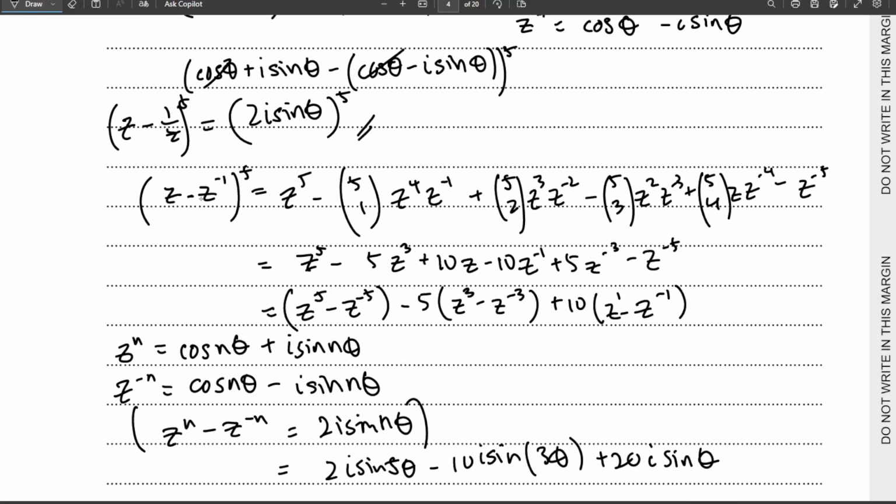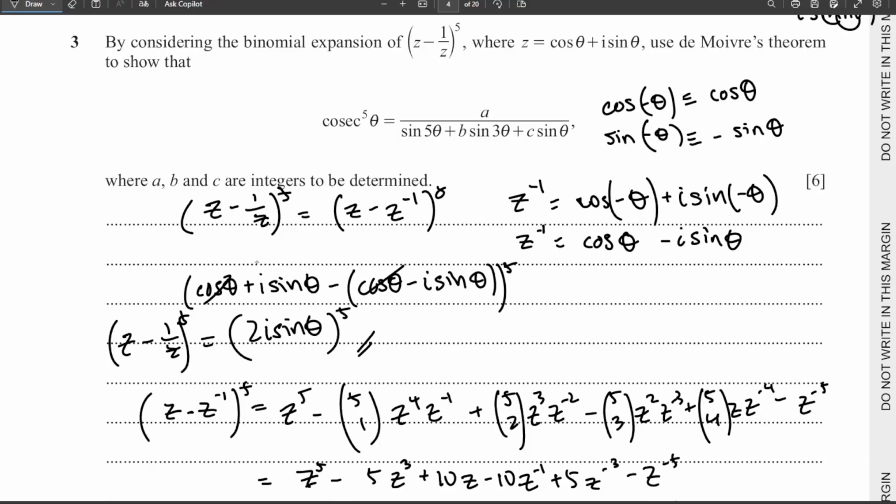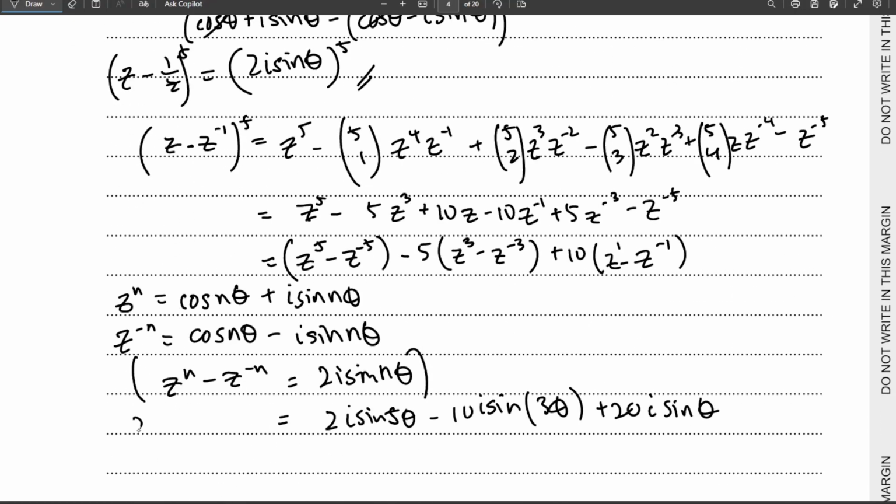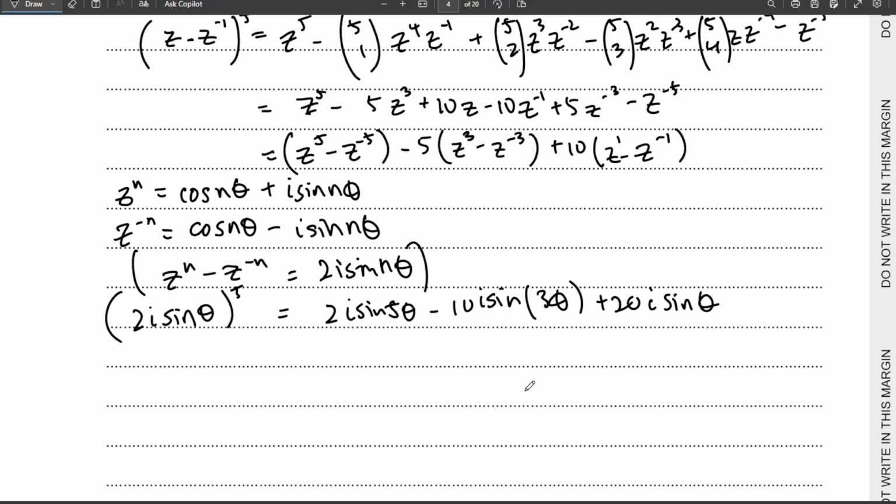On our right-hand side, we also have 2I sine theta to the power 5. So we have 2 to the power 5, I to the power of 5 is just I, and then sine to the power 5 is sine to the power 5. Everything else will remain the same.